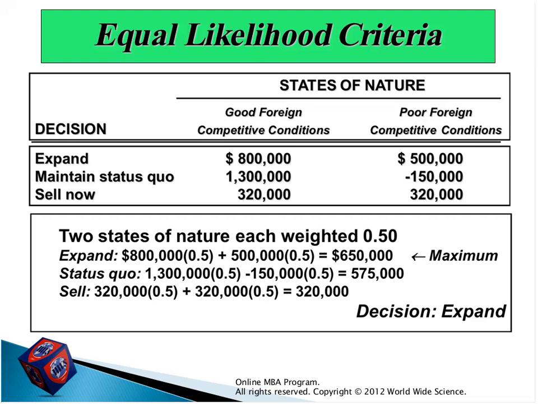Don't forget that you must do all of the methods together and then see which decision has been selected by the most votes, selected by these methods. Then you must select that decision. Okay?